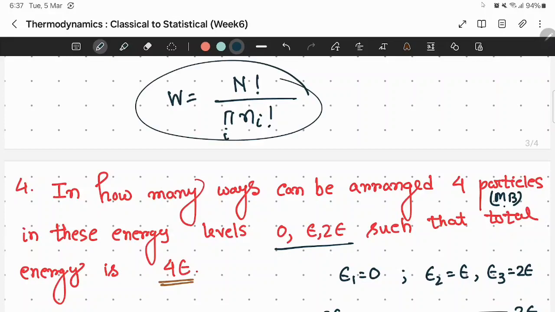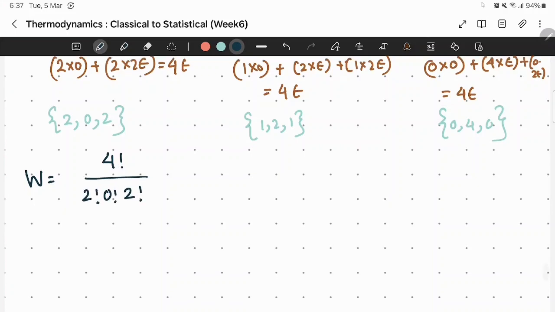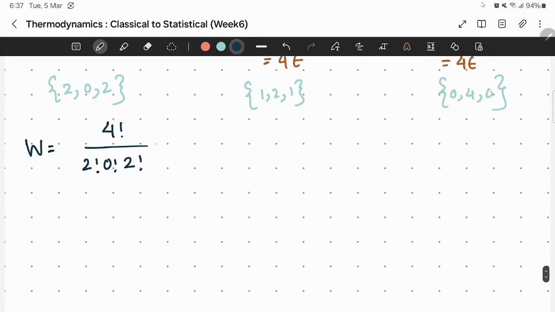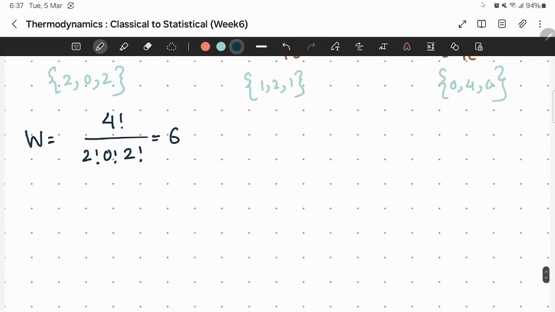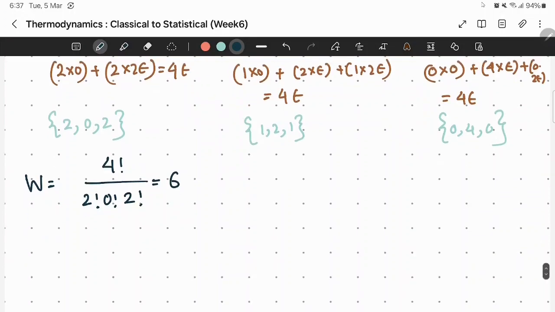So here W will be, N is 4, and it will be 2 factorial, 2 factorial, so it would be 6. Under this particular orientation, there will be 6 microstates.